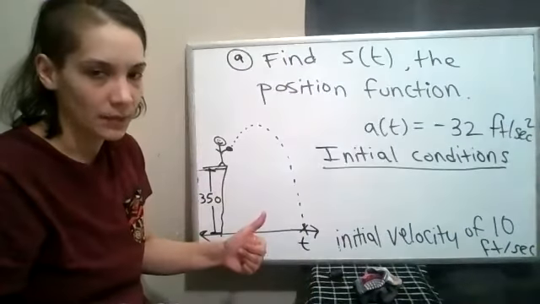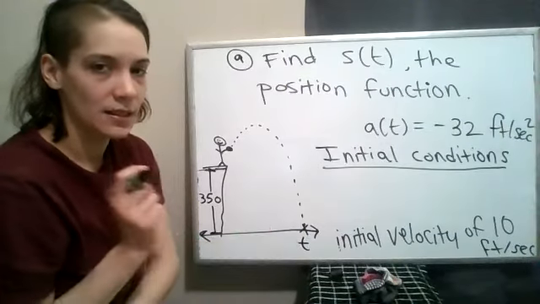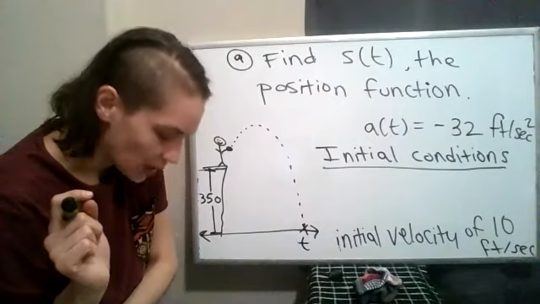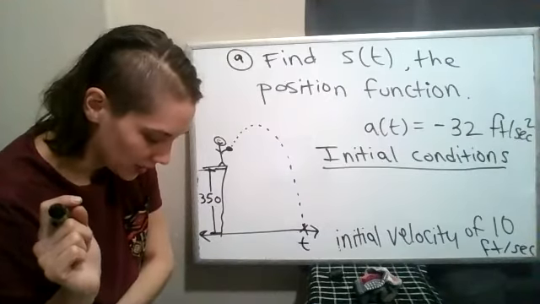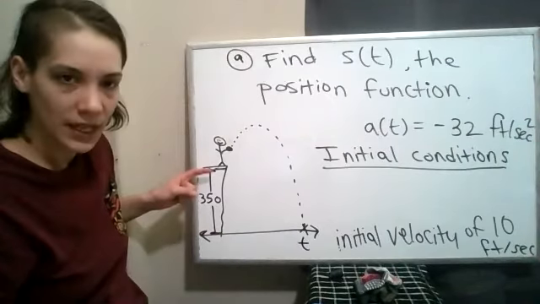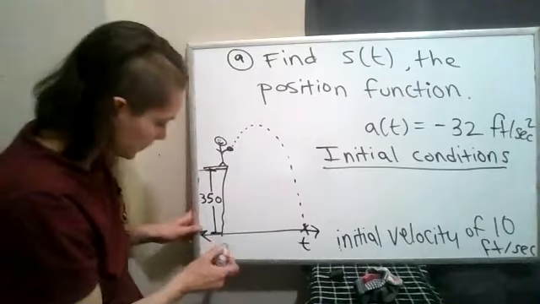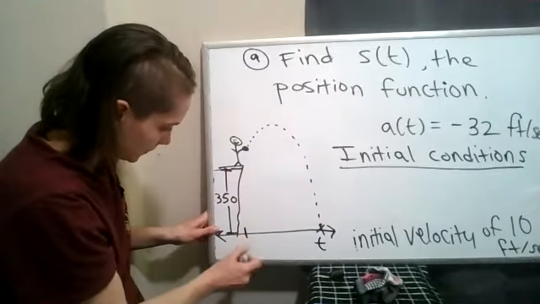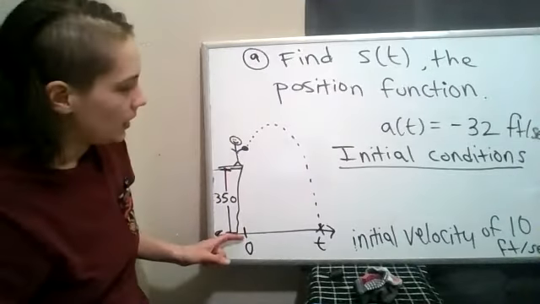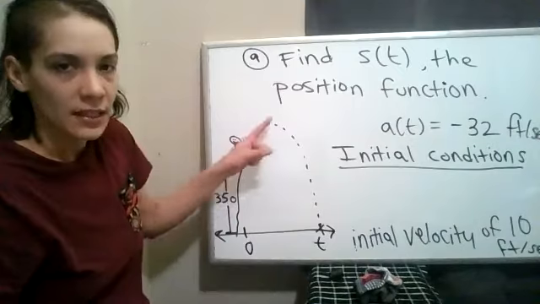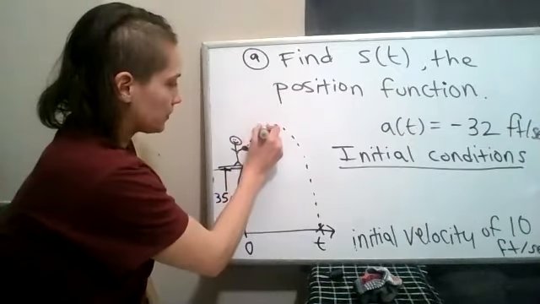I like to start with time, and then we can talk about position, initial position, being at this position at time 0. And then initial velocity is that kind of upwards.